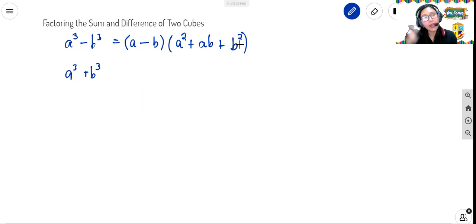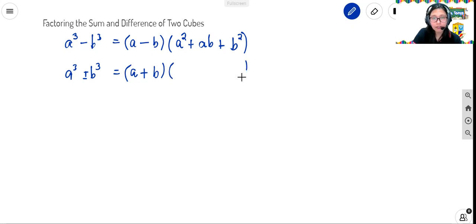Okay? And then similarly, if we are doing this for a cube plus b cube, then the first factor would be the cube root of a cube, which is a, and then the cube root of b cube, which is b. And then just copy the sign. It's a plus b, so the first factor should have a plus operation.